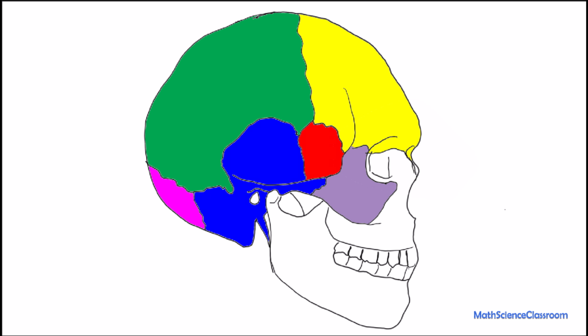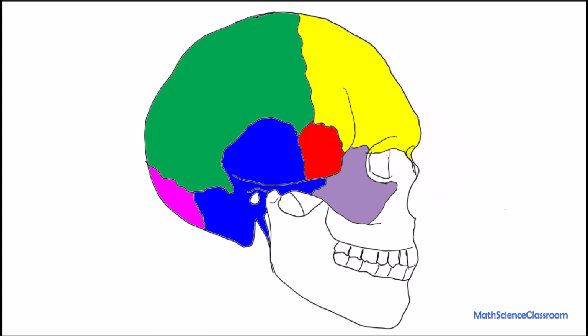So the first would be the maxilla. Maxilla means jaw in Latin. And the maxilla bones are a pair of fused bones that make up the upper jaw, and we will color the maxilla tan.